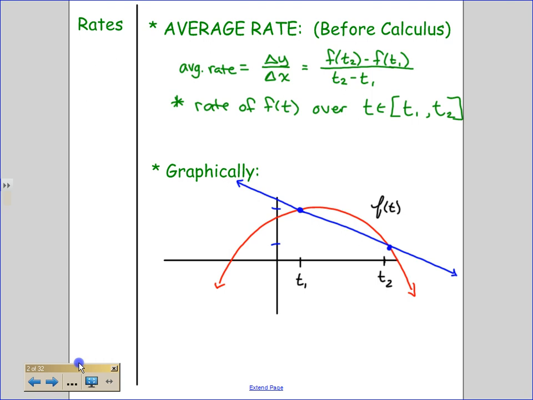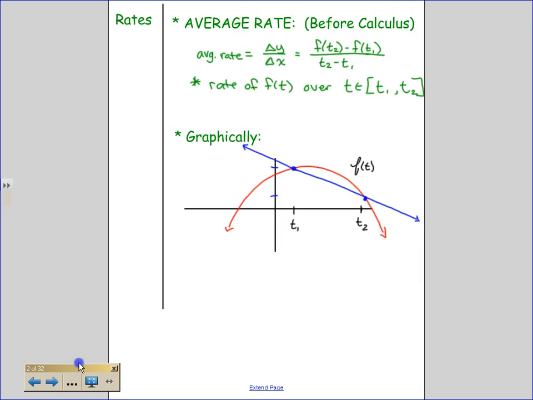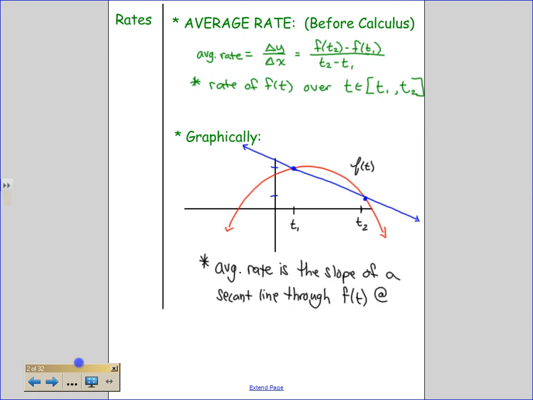So average rate graphically can be described as the slope of a secant line through f of x, or I guess we're saying f of t, so through f of t at t equals t1 and t equals t2.